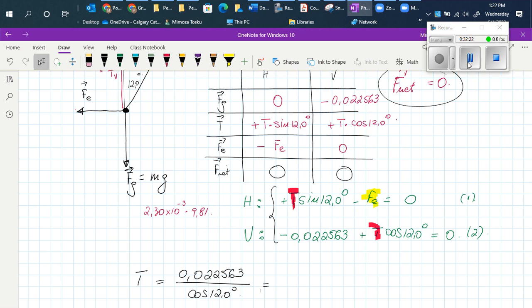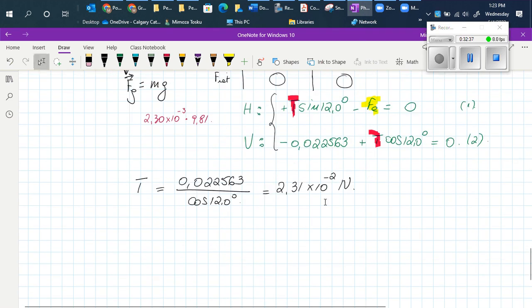Don't forget to change the mode of your calculator to degrees. So, 2.31 times 10 to the power of negative 2 newtons. This is the result of equation 2.